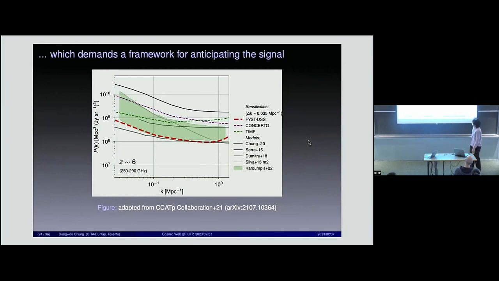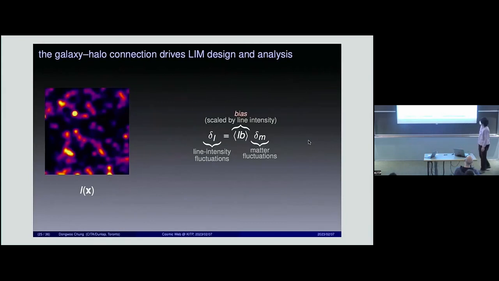I'll go into why some of us are starting to see it a different way. But the gist of it is what's really important across these: designing all these models, trying to forecast analyses, trying to design future surveys. What's really important is the connection between your galaxy properties and your halo properties, your line intensity fluctuations to your matter fluctuations.